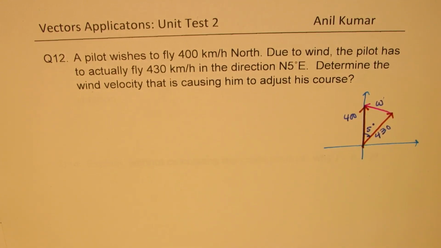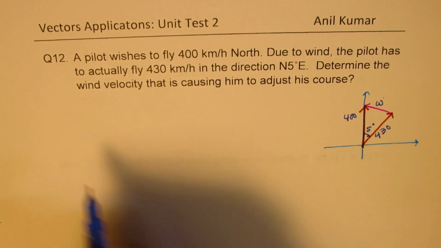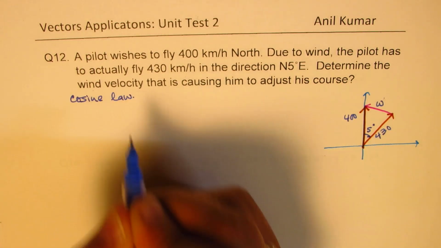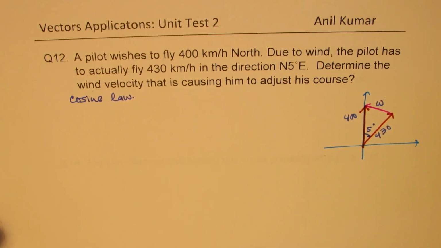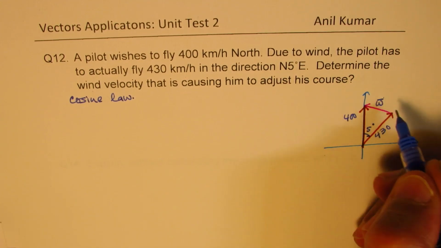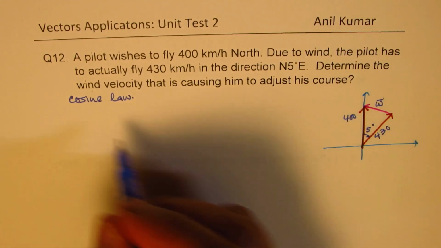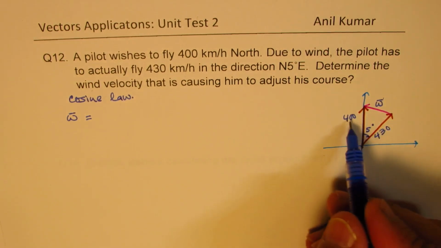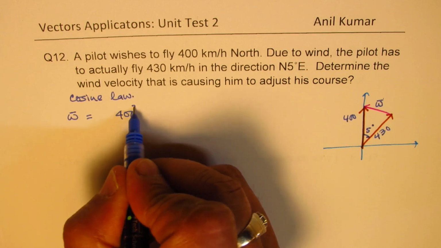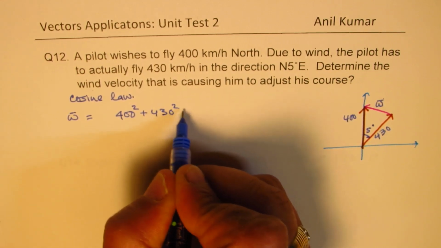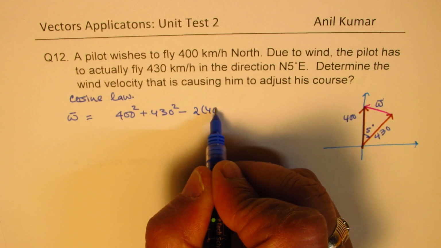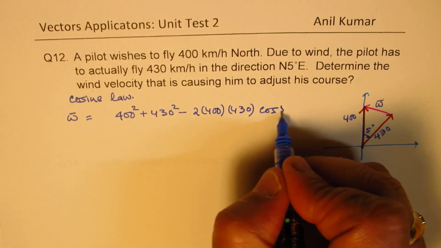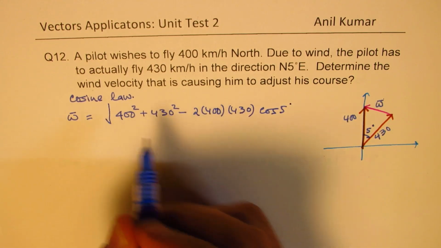Let's say W. Now in this particular triangle, clearly we can use the cosine law and find the wind velocity vector. So wind is equal to the square root of 400 square plus 430 square minus 2 times 400 times 430 times cos of angle 5 degrees.